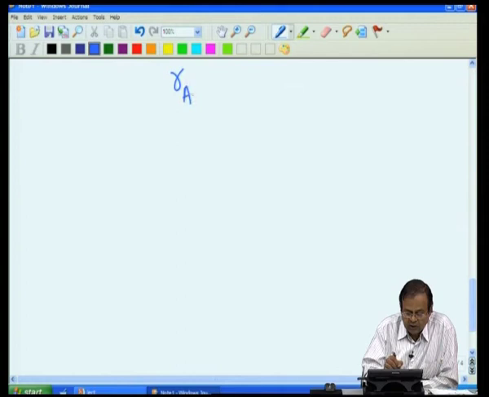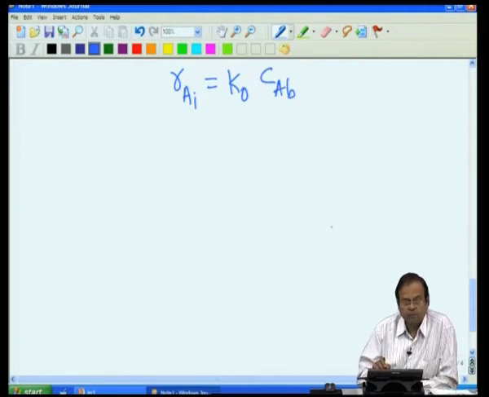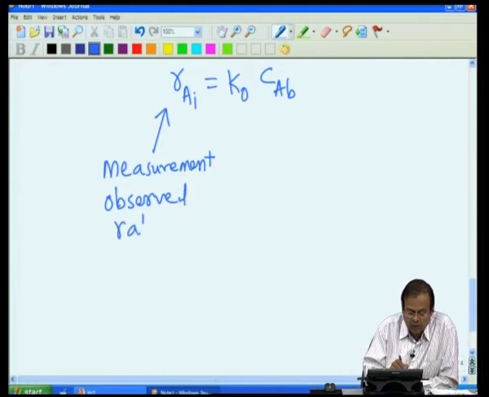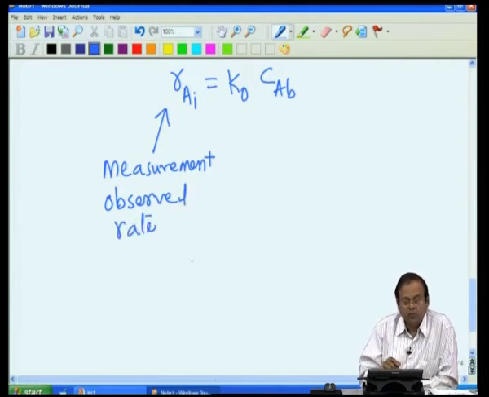We said that my rate of reaction is K naught into CAB. When I actually do the experiments, I will be measuring these rates. So, these are my measurements, the rate, which we also called the observed rate. This is what I will actually measure.